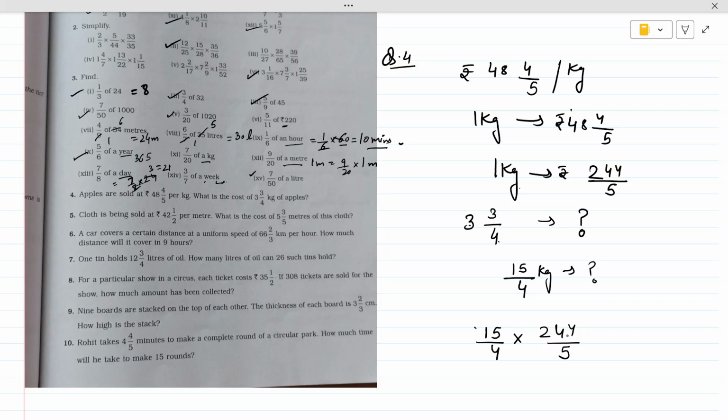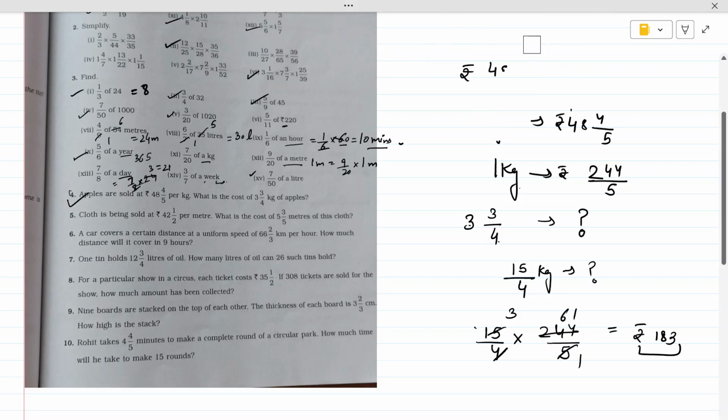Now we can solve it. If you divide 244 by 4, we get 61, and 5 into 3 is 15. So the answer will be 61 multiplied by 3, that is rupees 183. So we find the product to get the answer here.